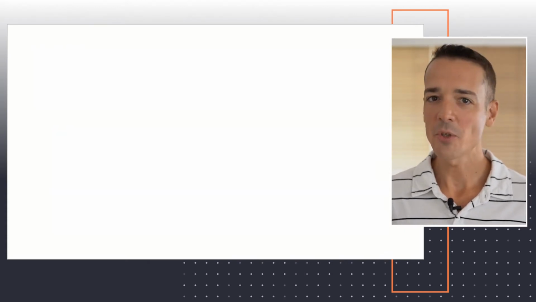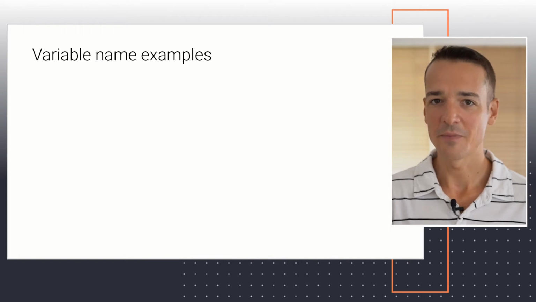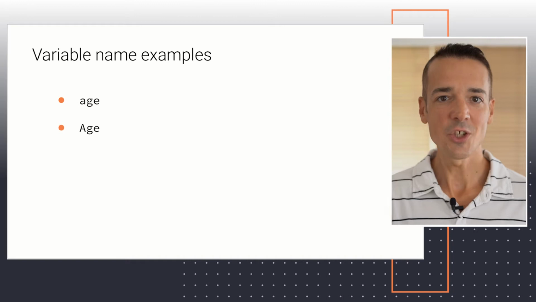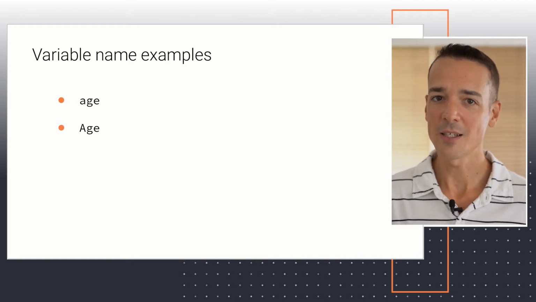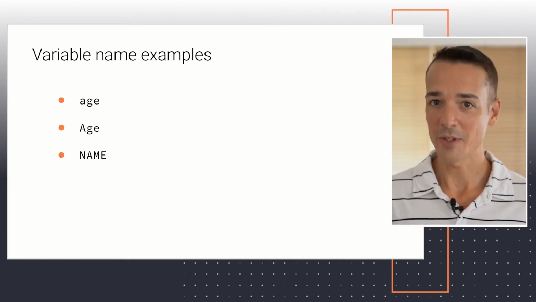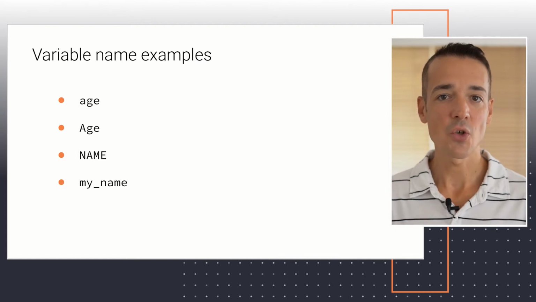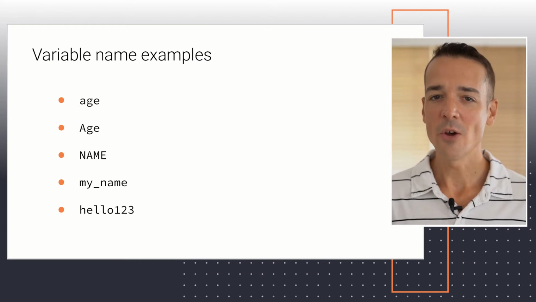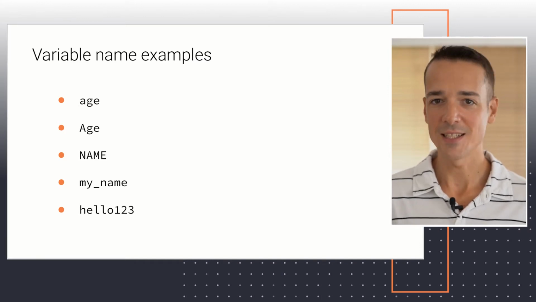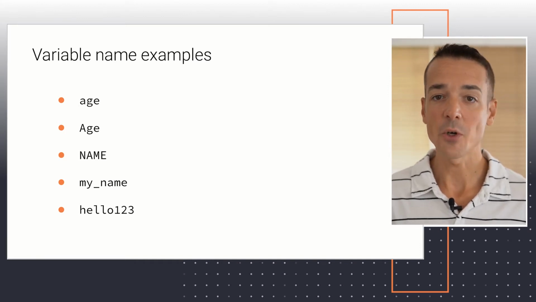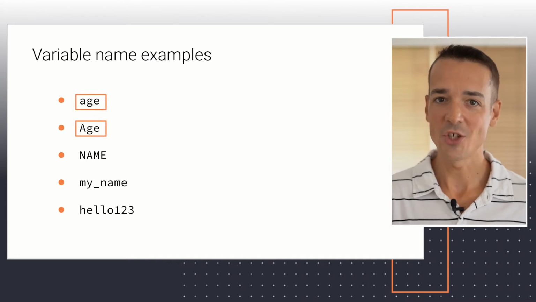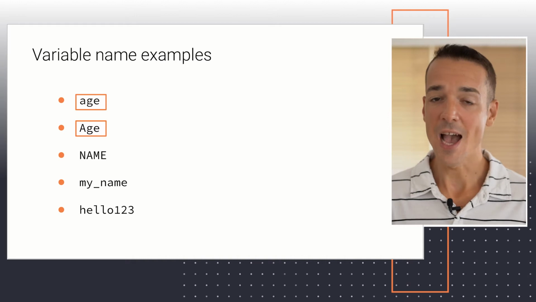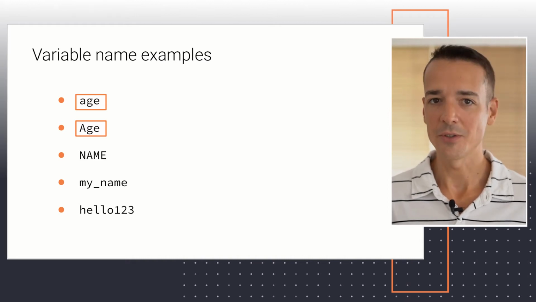The following examples are valid variable names: age with all lowercase characters, Age with the first letter spelled uppercase, NAME, all uppercase, my_name, or hello123. Notice that variable names are case sensitive. So in these examples, the first two variable names, age starting with lowercase a and Age starting with uppercase A, actually represent two different variables.